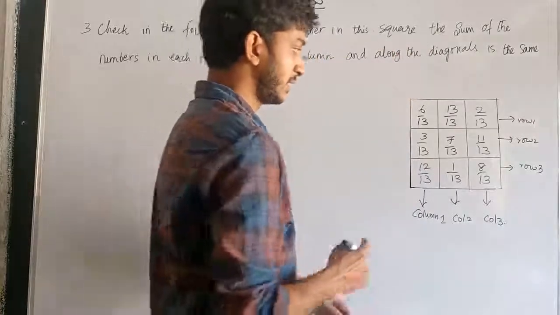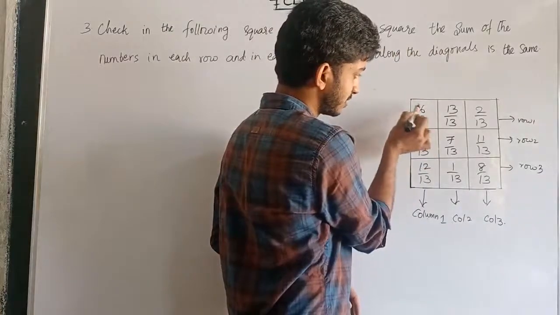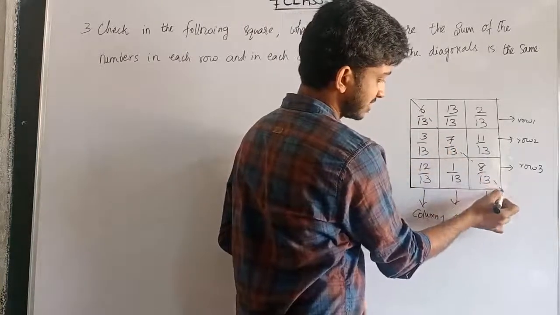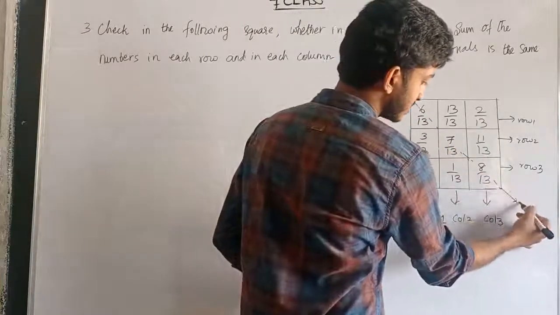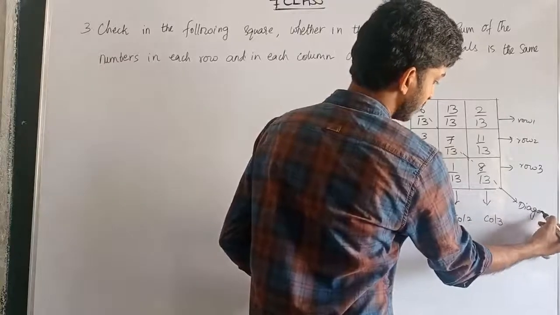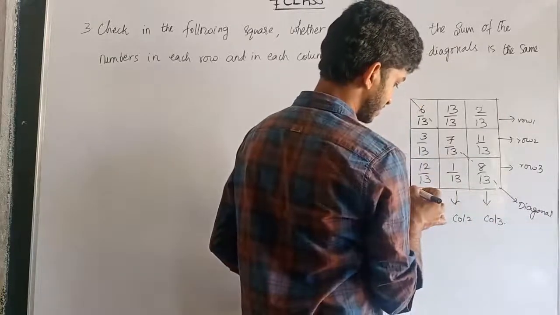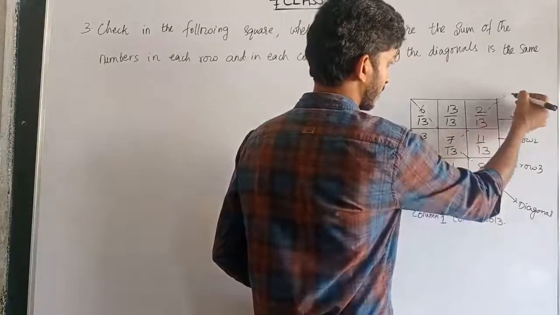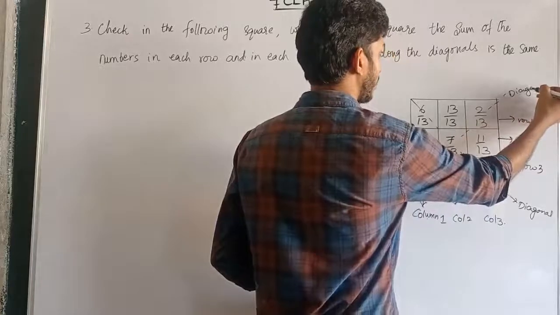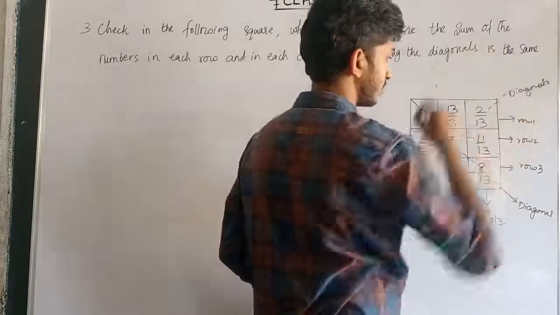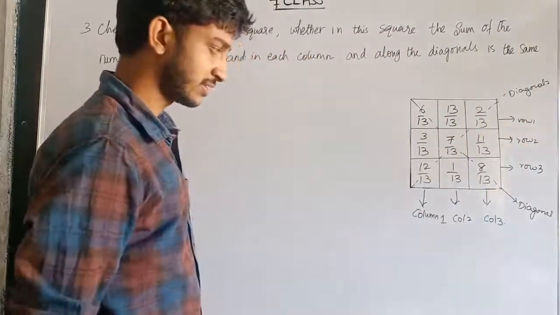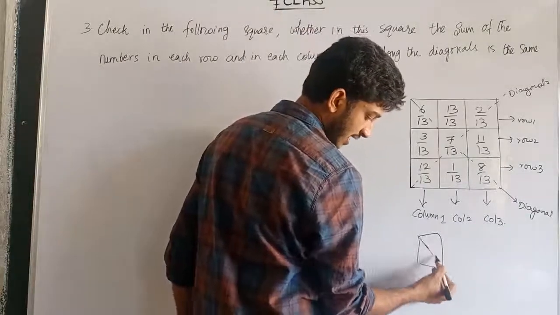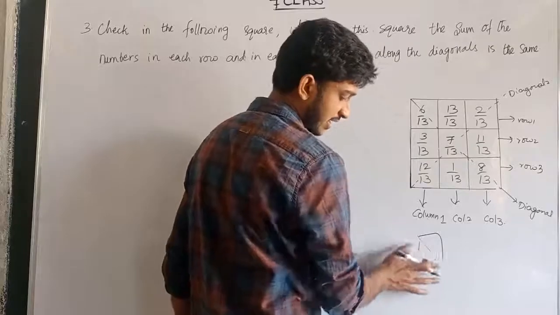See here, this is diagonal 1, and this is diagonal 2. Diagonals means from one vertex to the opposite vertex draw a line like this.